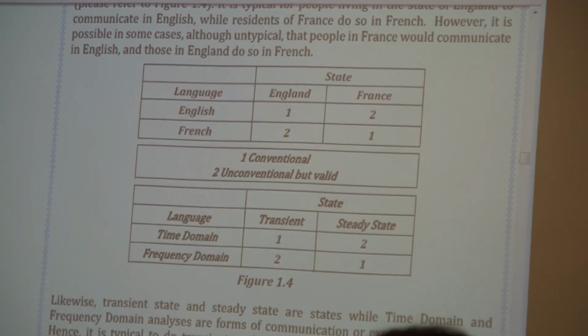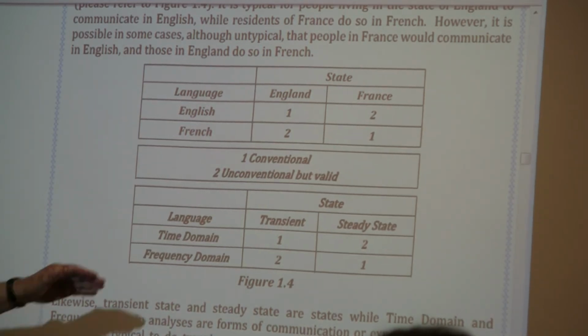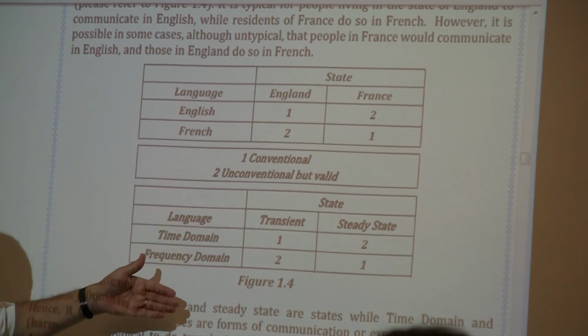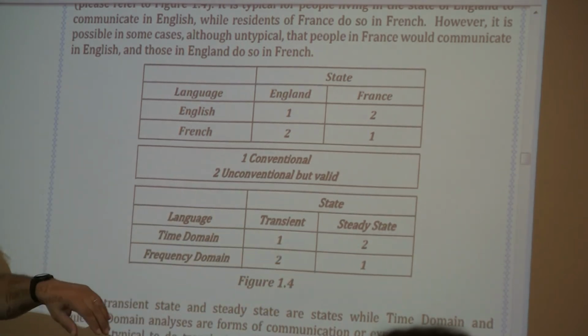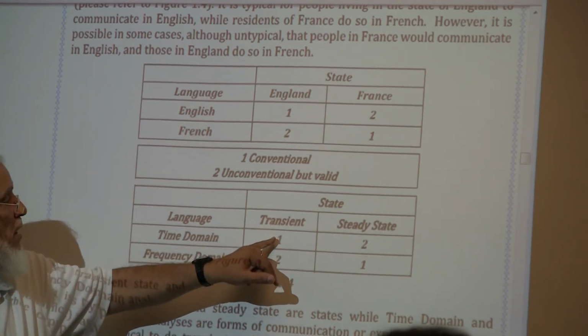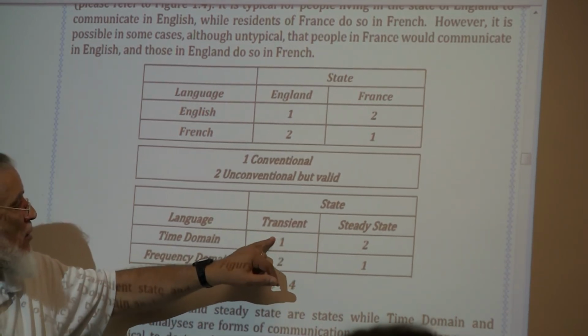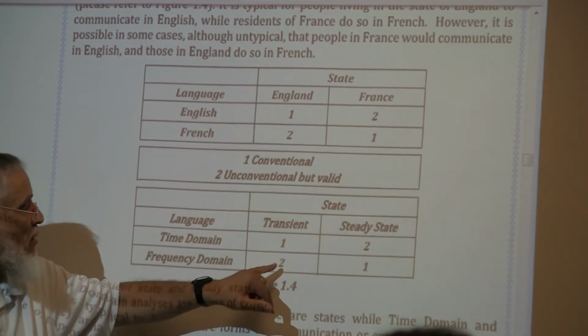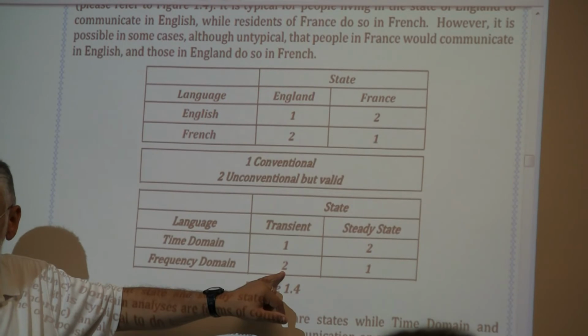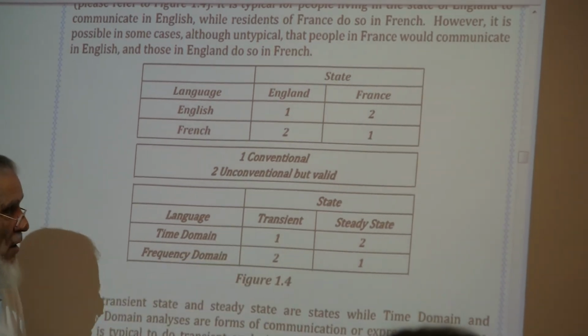The two languages are available to us, and we can use them as needed. You will see that sometimes we are working in the transient state and we come to a point where we can't continue for some reason, and we find it more convenient to go to the other, although it's not conventional, and vice versa.